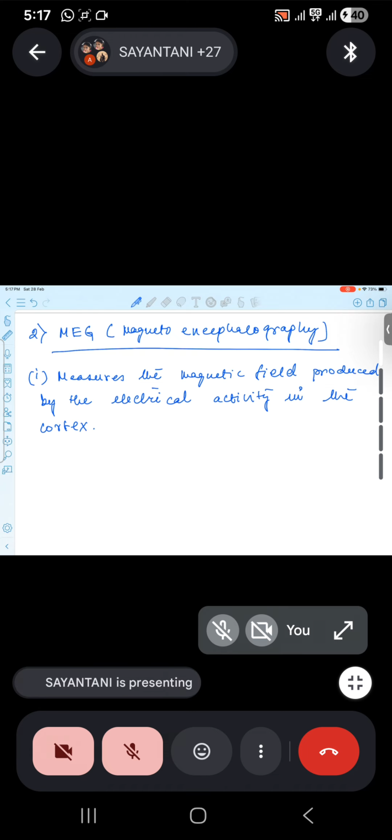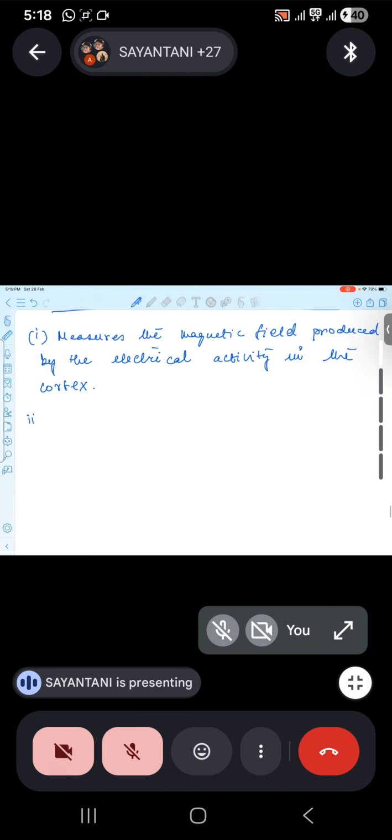So in physics, you must have studied Maxwell's law. If I'm drawing a subject like this, and the current produced by your electric field is moving in this particular direction, the current produces or develops circulating magnetic fields around it.